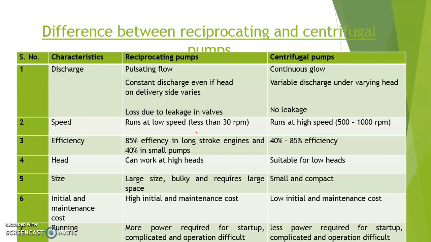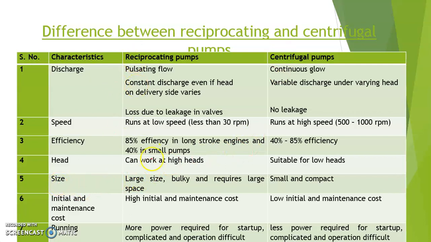It's almost 85% for a long stroke engine, whereas in a centrifugal pump, it is 40 to 85%. On the basis of head, if the required head is high, then we have to apply a reciprocating pump. And if the required head is low, then centrifugal pumps will be used.